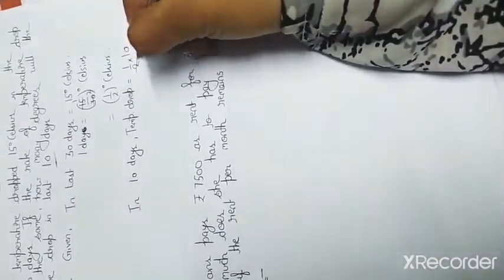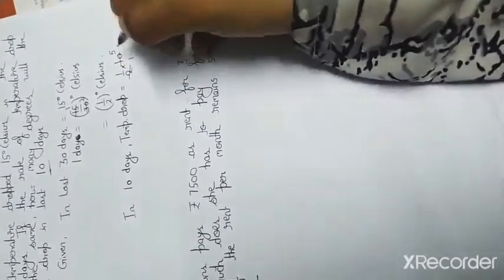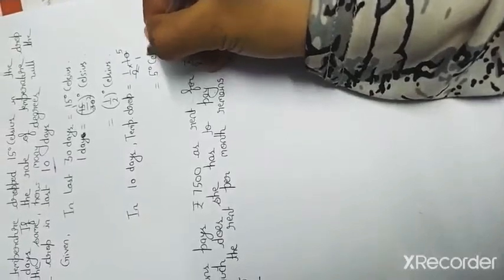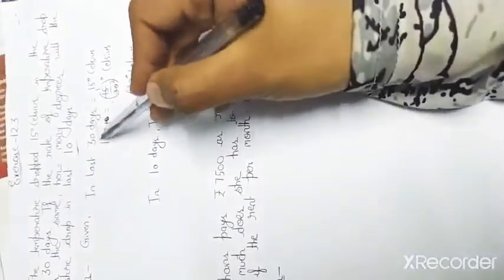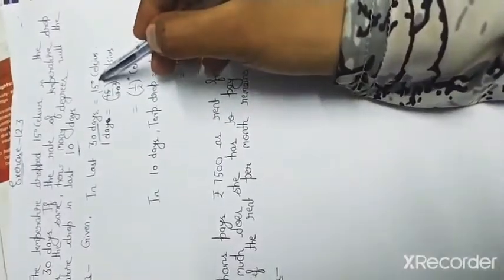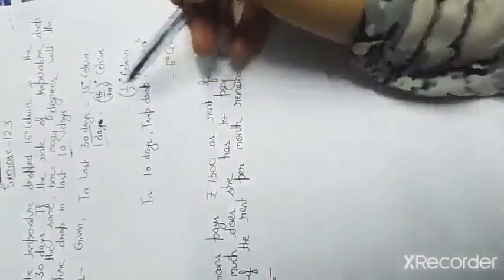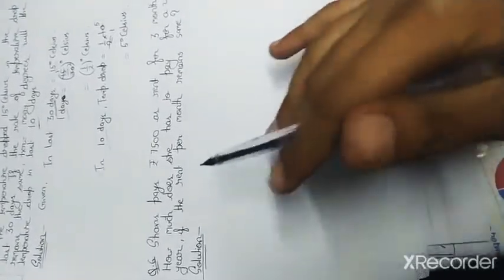It will be 2 ones are 2, 2 fives are 10. So it is 5 degrees Celsius. Okay. So what I have done here, since the temperature drop for the last 30 days is given to you, we find it out for one day. After that we find it out for 10 days.